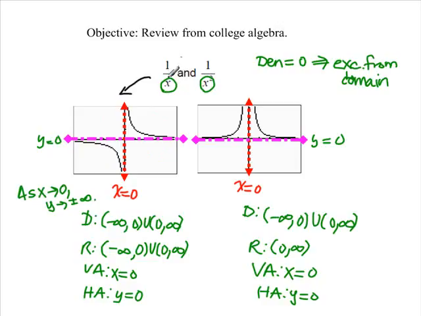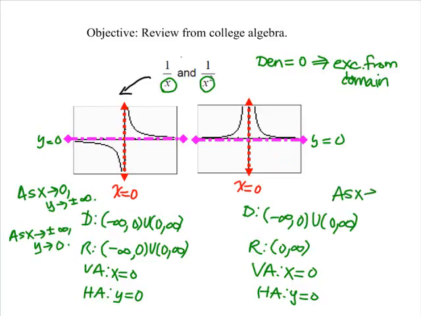Right, as we divide 1 by larger and larger numbers like 1/10th, 1/20th, 1/30th, 1/100th, notice that we're getting smaller and smaller and smaller. That is, we're getting closer and closer to 0. So we say that as x goes to plus or minus infinity, y is approaching that horizontal asymptote of 0. And I'll review these things in particular with you in another video.